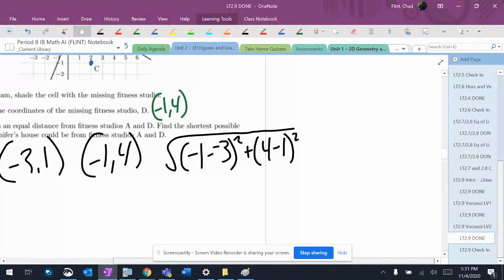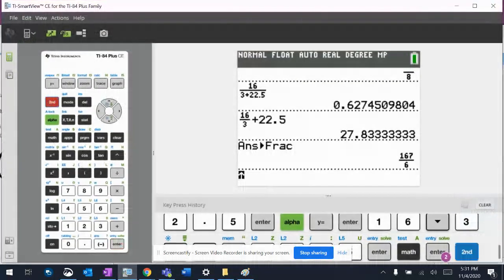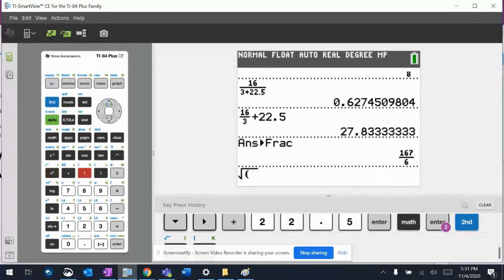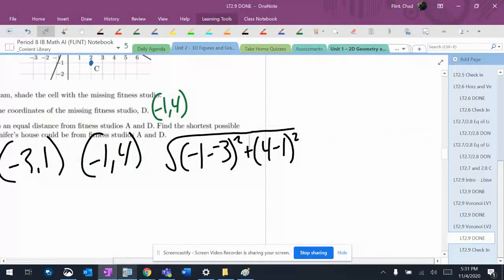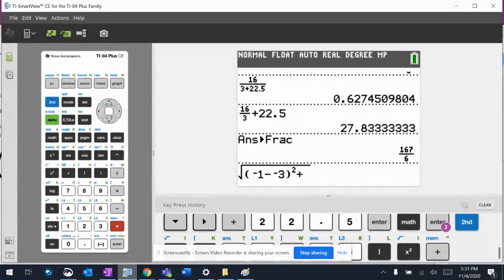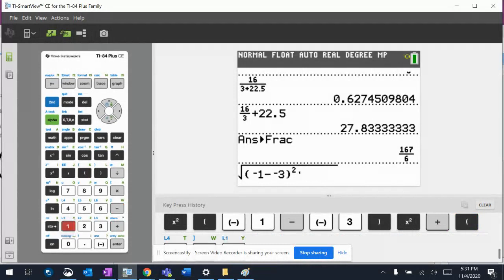I'm going to put that whole thing into the calculator carefully. So -1 minus -3 squared plus, let's make sure I got that right, plus 4 minus 1 squared.